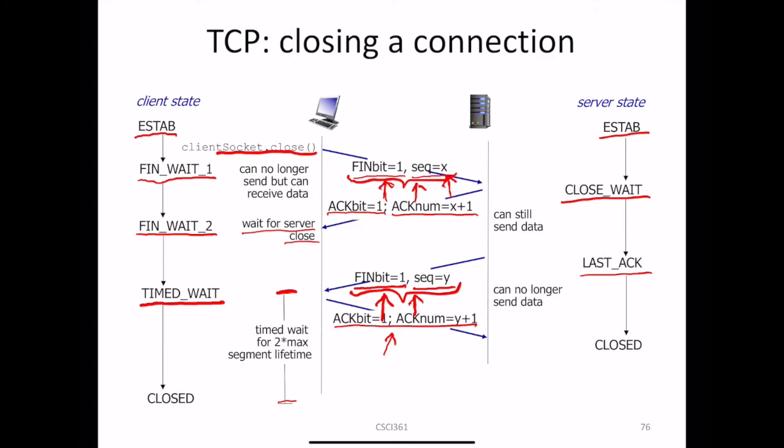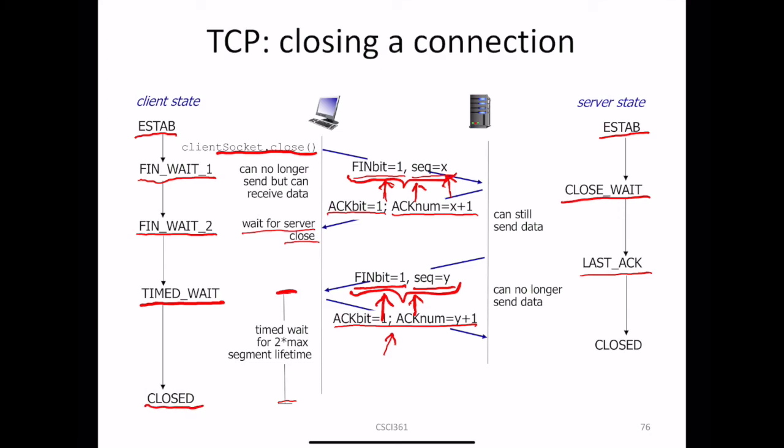If there's a problem, there will be a message sent from the server side, going back to the client side, and the client side will capture it. And then after the client side waits for 2 times the maximum segment lifetime, the client side will change to the closed state.